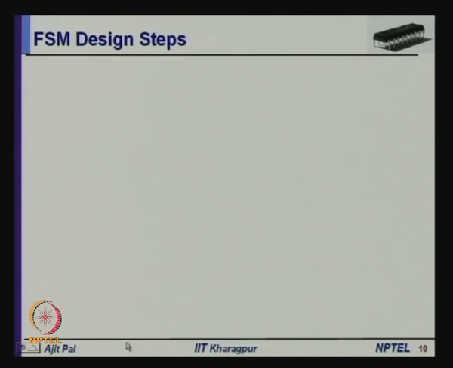Let us now consider another step, that is finite state encoding. What do you really mean by encoding? Suppose a machine has got p states, as I have already told, a general finite state machine. We represent it by symbolic names S1, S2, S3 up to SP, but you have to realize the machine.